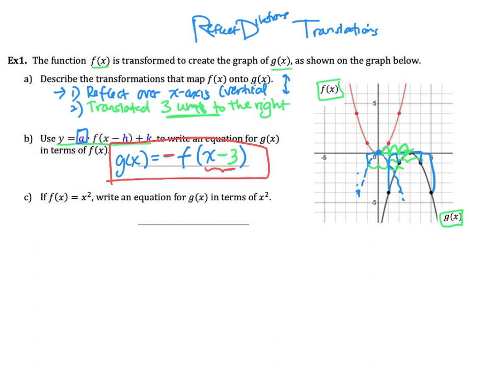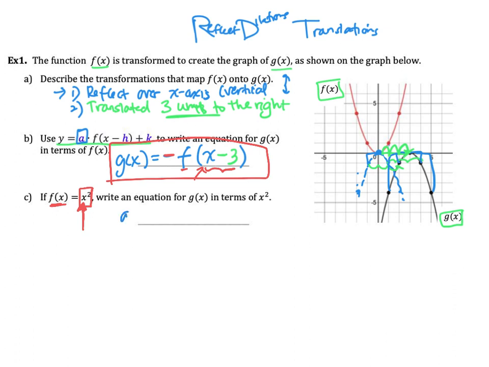Now, this is not actually the function itself. It's not f of x. We actually know what f of x equals. It equals x squared. So instead of writing f of x minus 3 or negative f of x minus 3, we're just going to put those transformations into x squared.